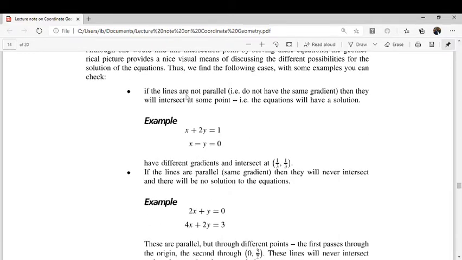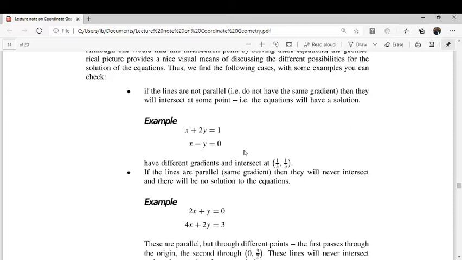If these lines are not parallel, that means they do not have the same gradient, so they intersect. From what you know in mathematics, two parallel lines cannot meet. But if the lines are not parallel, somewhere they are going to intersect.